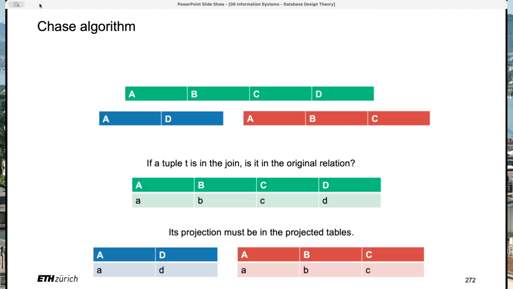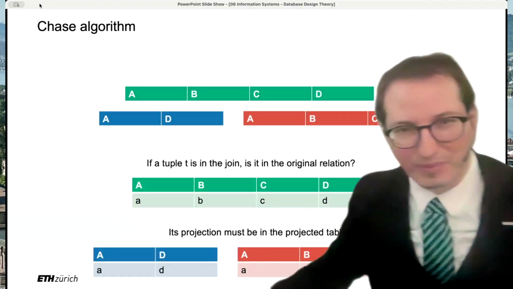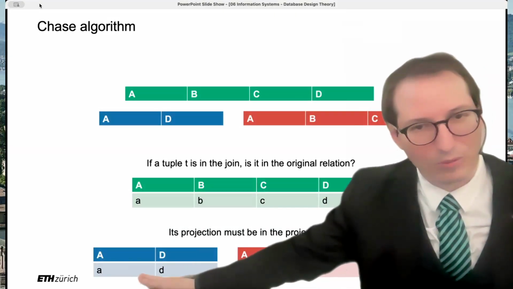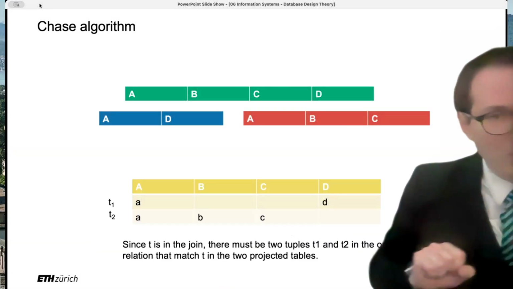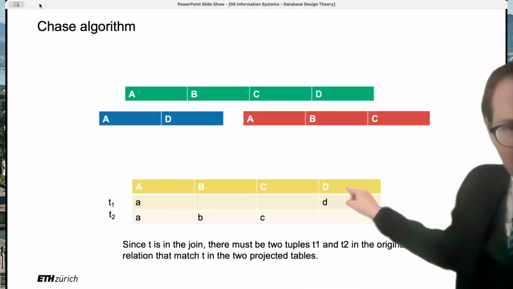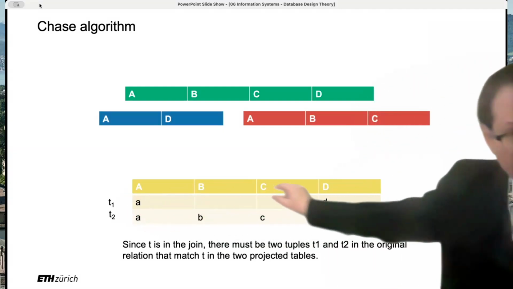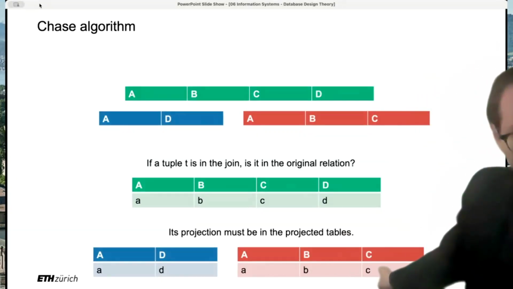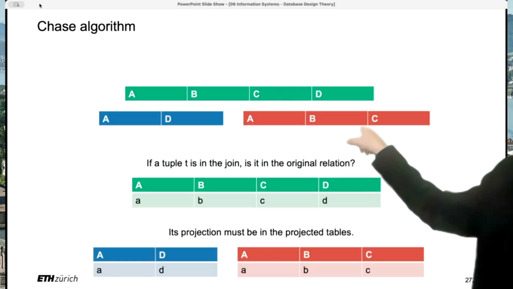Who agrees? Okay. Now what we know from this is that this was obtained by a projection from the original table, right? So it means that I have AD and something else, that's what got projected to AD. The other one here, ABC, was projected from the original table to ABC.